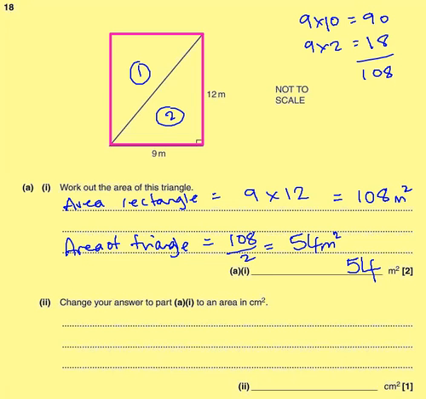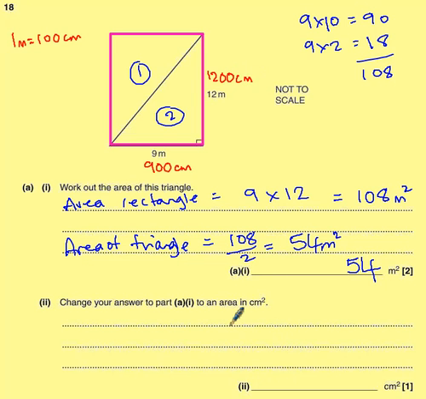Well, because 1 metre is equal to 100 centimetres, 9 metres is equal to 900 centimetres, and 12 metres is equal to 1200 centimetres.